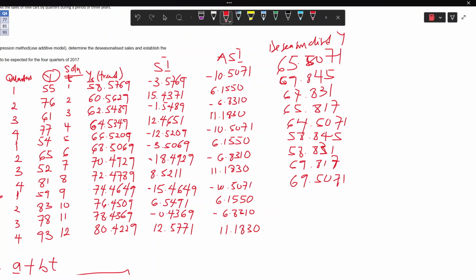83 minus 6.1550, 76.845. 78 plus 6.8310, so having 84.831.